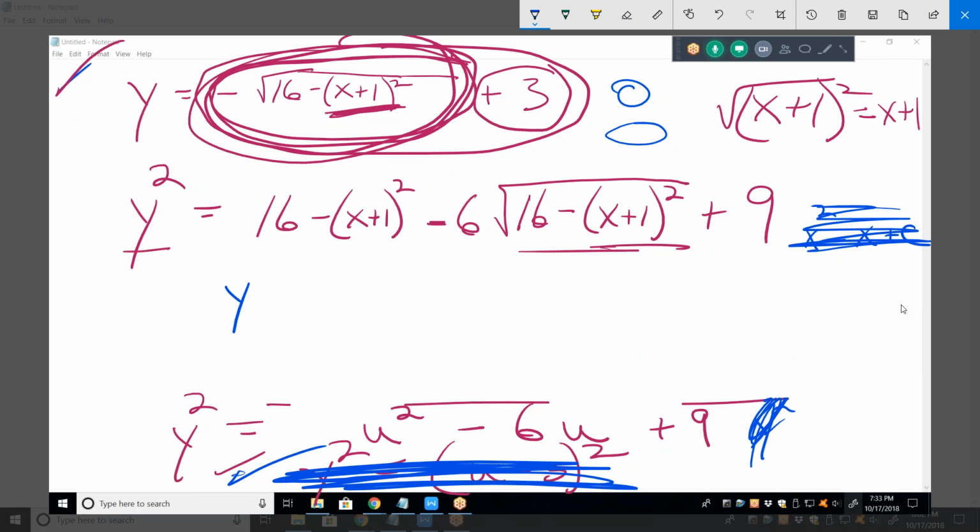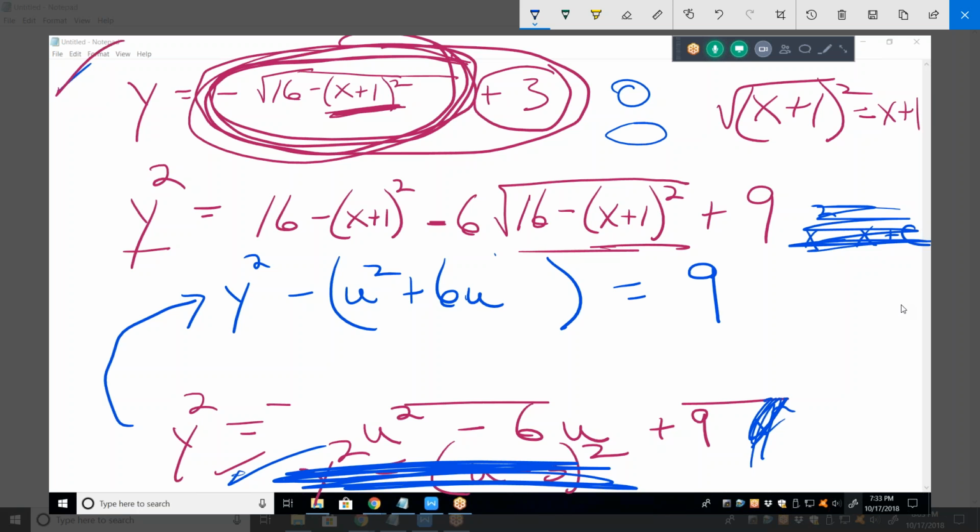If I take this equation and start working with it, I get y squared minus u squared plus 6u, and I can leave the 9 over on the other side. Okay, I haven't changed anything. Now I go to complete the square in the middle.